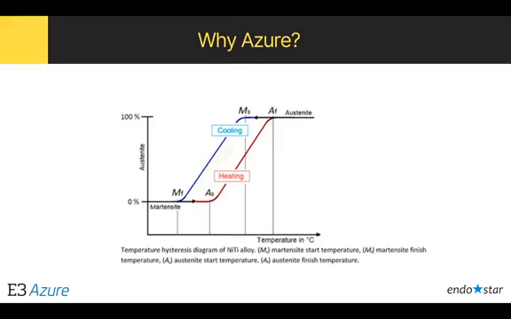Now the red line here indicates as the martensitic phase is heated, it transforms into the austenite. And the blue line indicates as the austenitic phase is cooled, it transforms back into the martensite. The four temperatures here, namely MF, MS, AS and AF, which are marked, are extremely important.